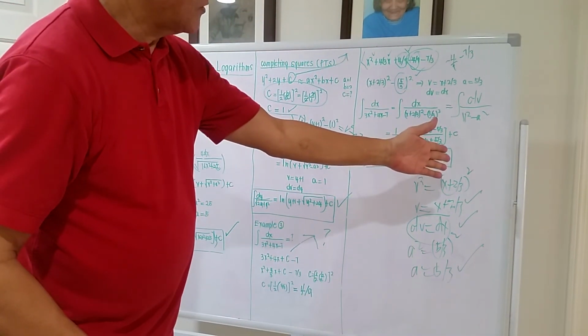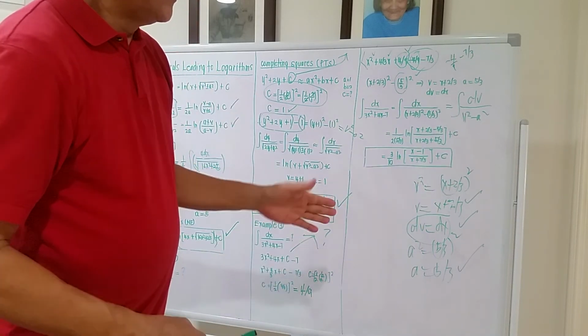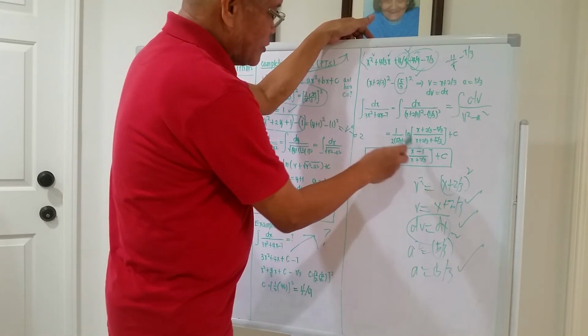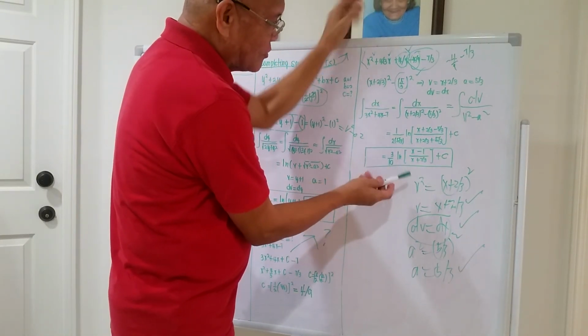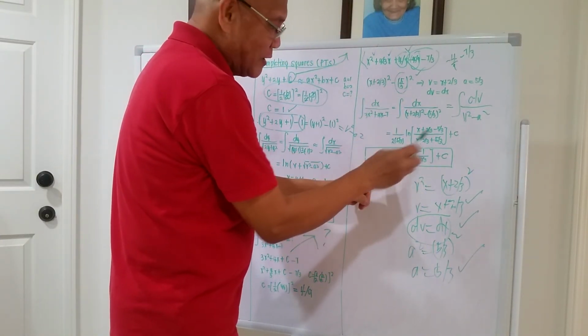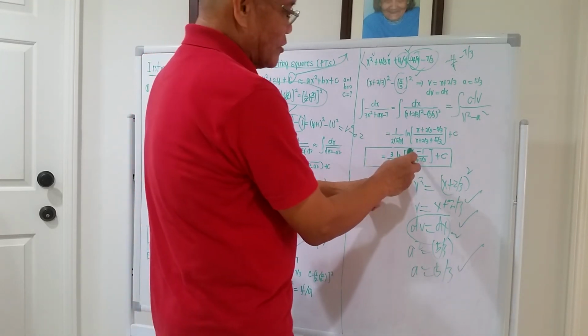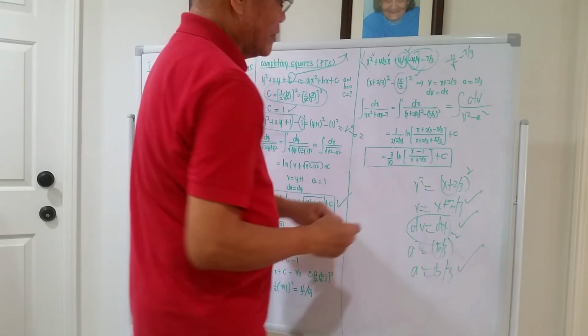Actually, you can now call that your final answer, or to simplify it, 2 times 5 is 10, but 3 is underneath, so it will go up, so the final answer will be 3/10 times the natural logarithm of x minus 1 over x plus 7/3.